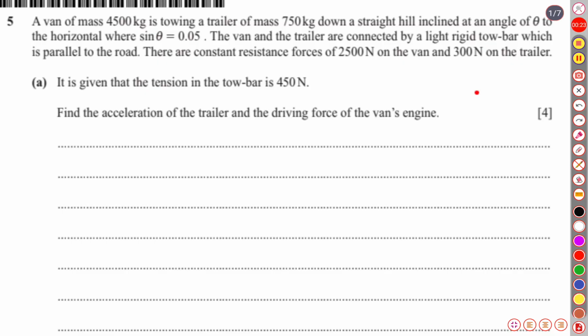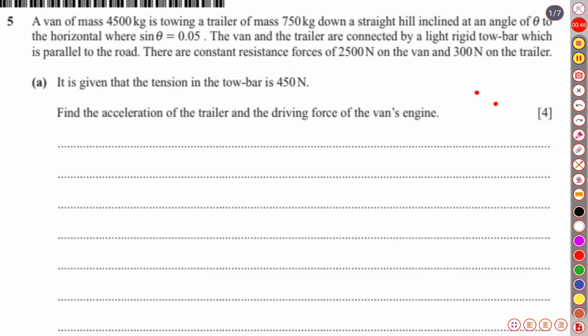Question number 5 says a van of mass 4500 kg is towing a trailer of mass 750 kg down a straight hill, inclined at an angle of theta to the horizontal, where sine theta is equal to 0.05.